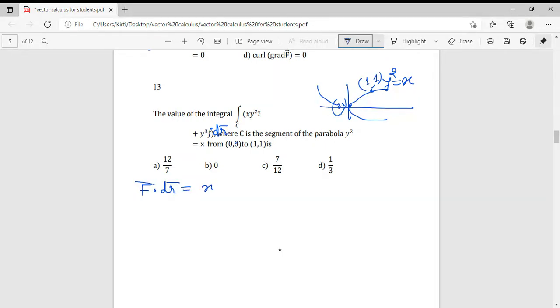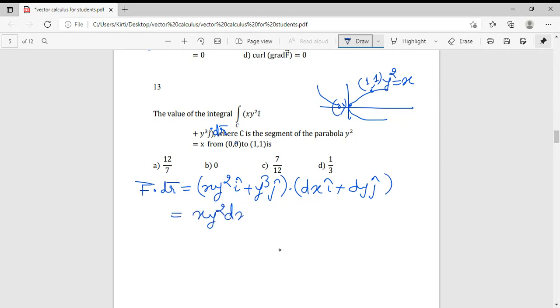F is our function xy square i plus y cube j, and r is a position vector, so its differential always comes out to be dx i plus dy j. So what we have here is xy square dx plus y cube dy. This is what we have.